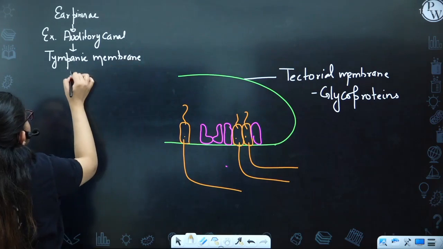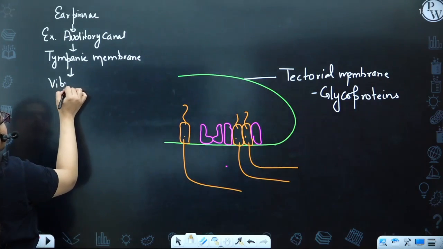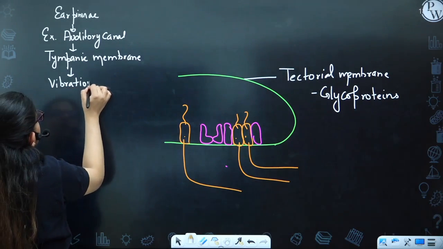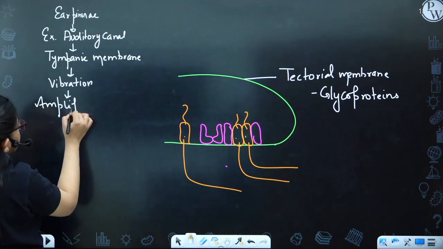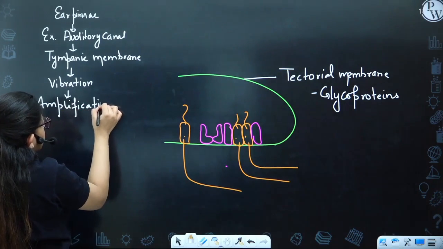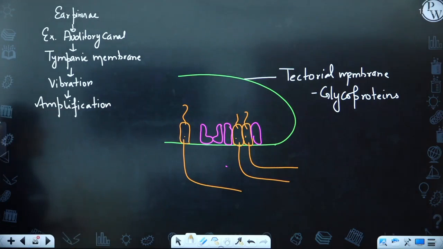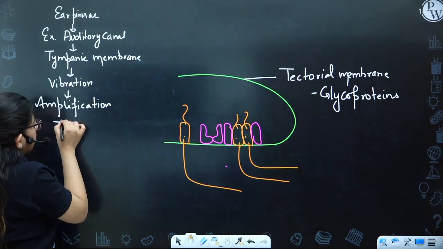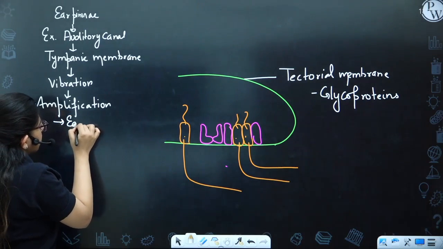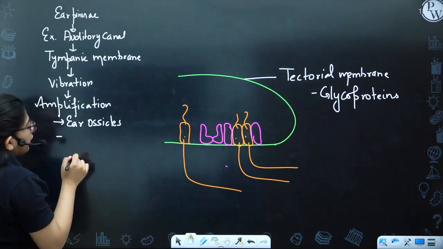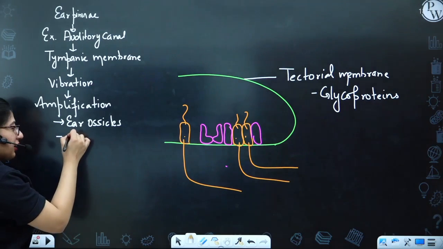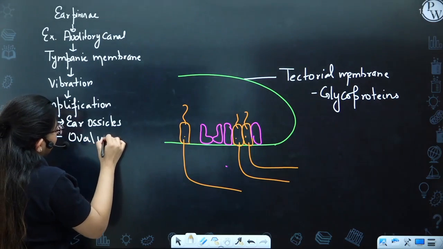Now these vibrations will enter into the middle ear and hence amplification will take place. The amplification will be done by the ear ossicles and by the oval window.